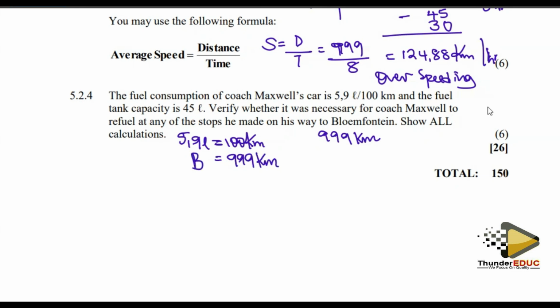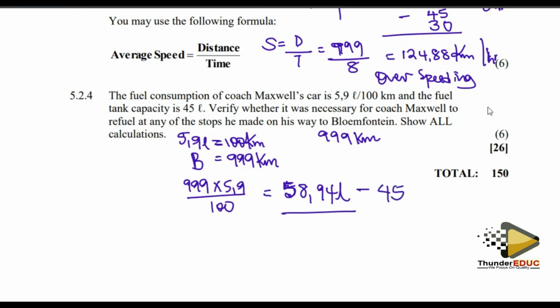So this becomes 999 times 5.9 divided by 100, which gives 58.94 liters. So if he took a full tank, it would not be enough for the full journey.